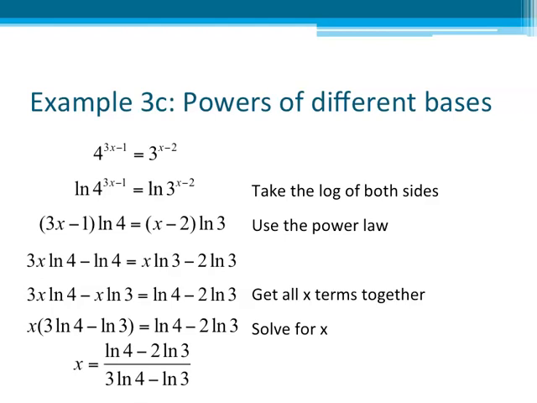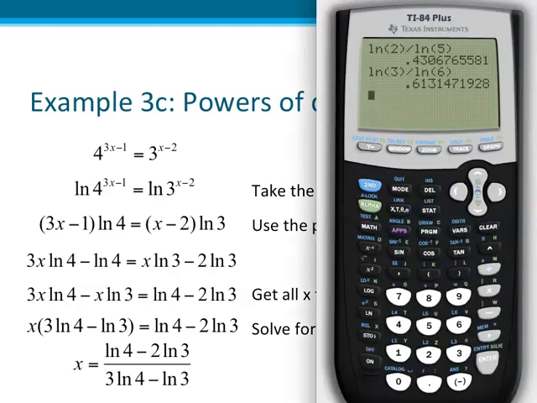Again, when you put this into your calculator, this is going to be a little bit more complicated, but you just want to make sure that you put parentheses around the numerator and parentheses around the denominator. So we'll start with parentheses, then ln 4 minus 2 ln 3, close the parentheses on the numerator before I divide.